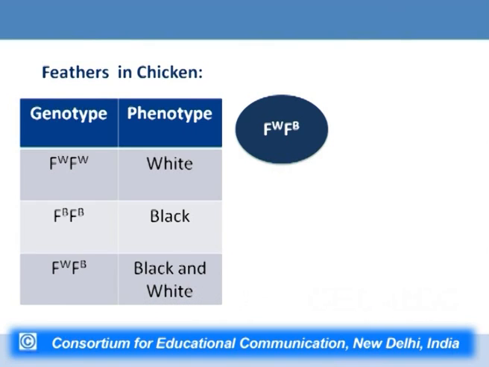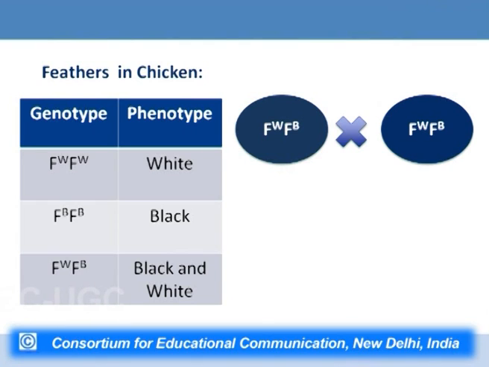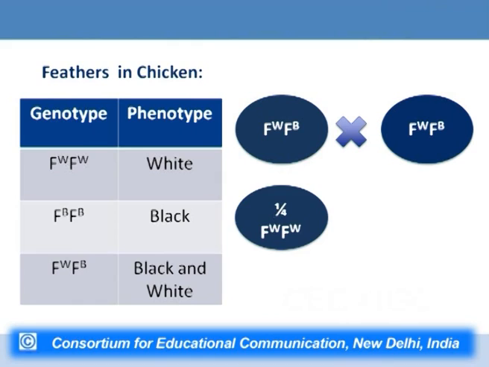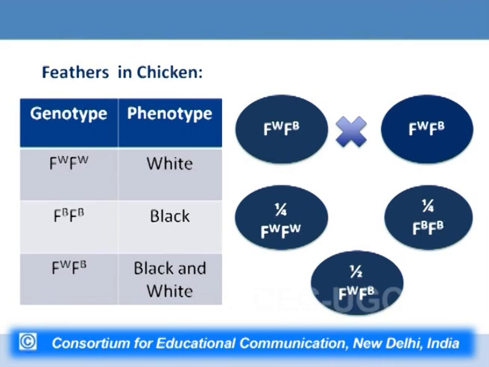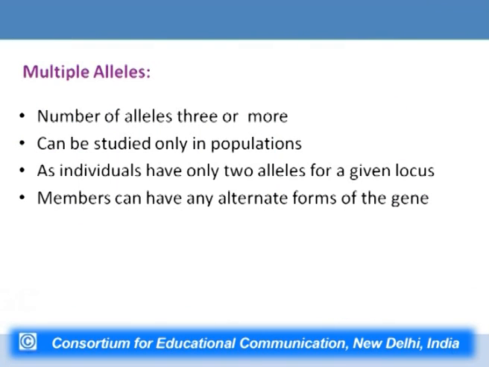So, when individuals who are FW FB are mated with individuals who again are FW FB, those speckled individuals will lead to offspring who are FW FW or white feathered, FB FB or black feathered, and FW FB or speckled feathered, and the ratio for these will be 1/4 for white, 1/4 for black, and 1/2 for speckled. This again is an example of codominance.